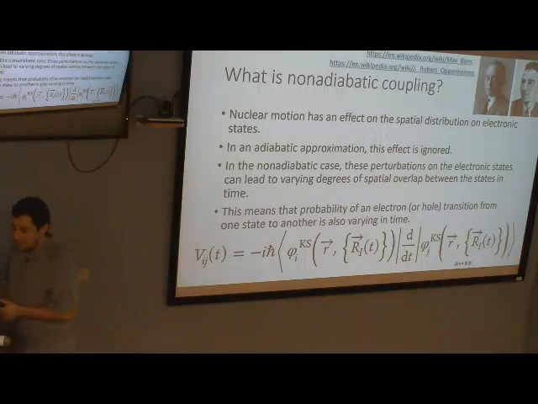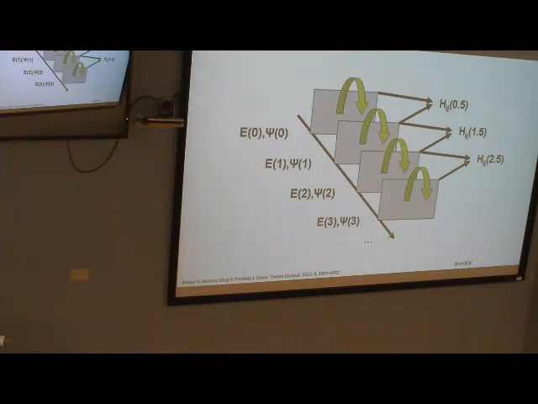There's a diagram that I hope might make a little more sense. There are energy levels, energy states, varying. They change in time, right? A certain overlap happens between each one, and that's how we get non-adiabatic coupling.